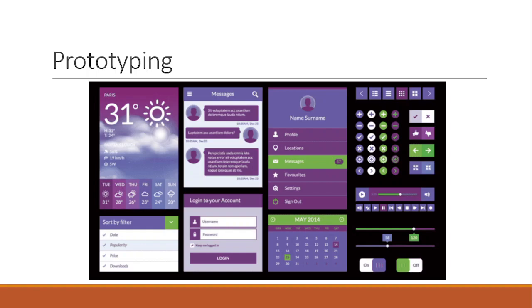These are examples of a prototype. You will notice it is very similar. At a glance, we can say that this is a working application, but in our case, this is just a prototype. A high level, or high fidelity, prototype.